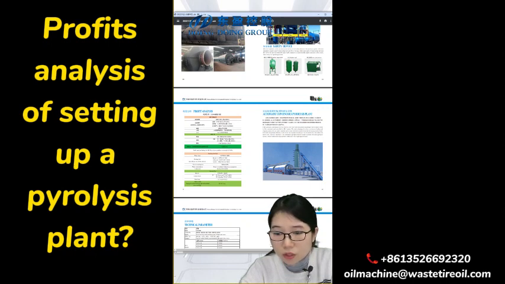It will be better. If your car's engine is Euro 2 or Euro 3, maybe you can use it for your cars. But if your cars have Euro 4 or Euro 5 engines, you cannot use this diesel in your cars directly. It is better to mix it with some standard diesel.